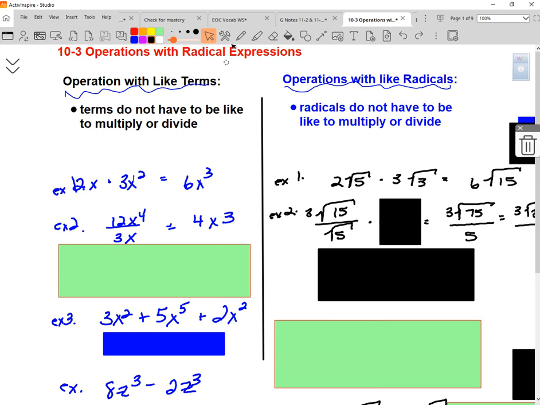We're going to go straight to the square root, because we can divide that without doing anything else. So that's going to be 3, and the square root of 15 divided by the square root of 5 is the square root of 3.